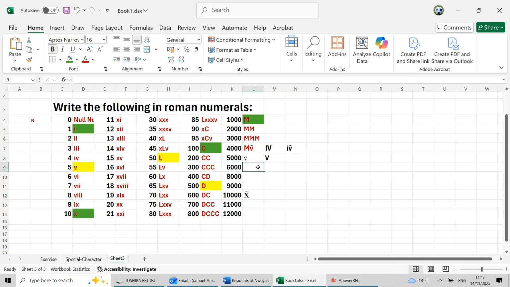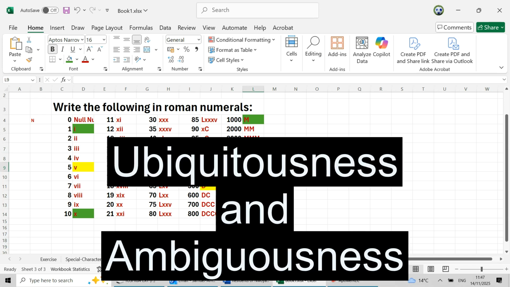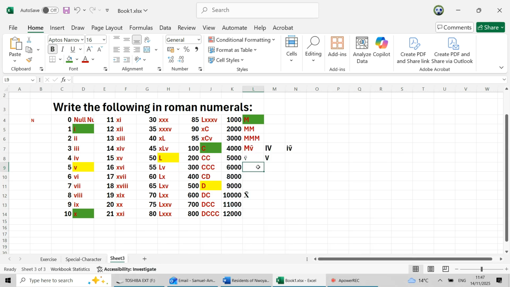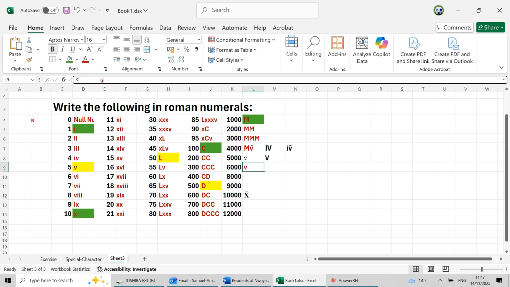And then 6,000. How can you write 6,000? Well, you know that 5,000, which is V, plus 1,000 gives you 6,000. And we have our V bar, which is 5,000, and then we can just add M there to make 6,000.